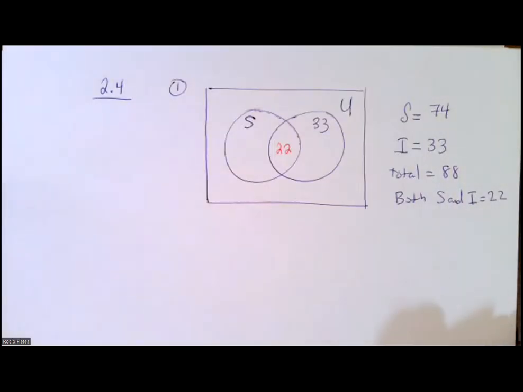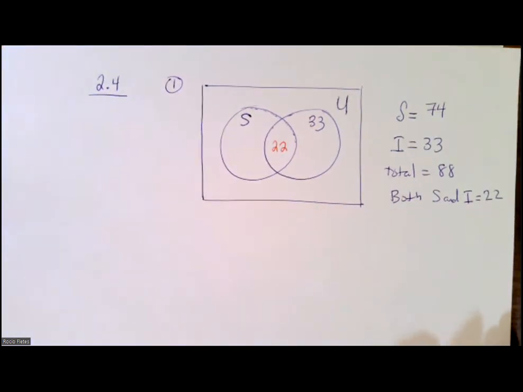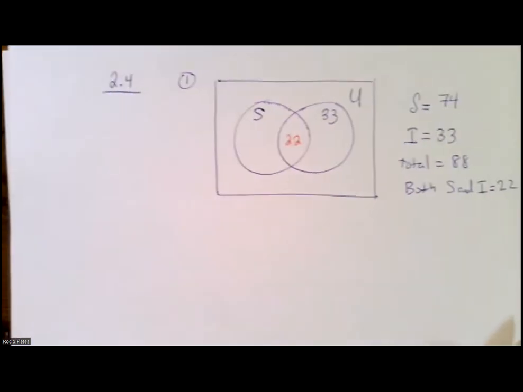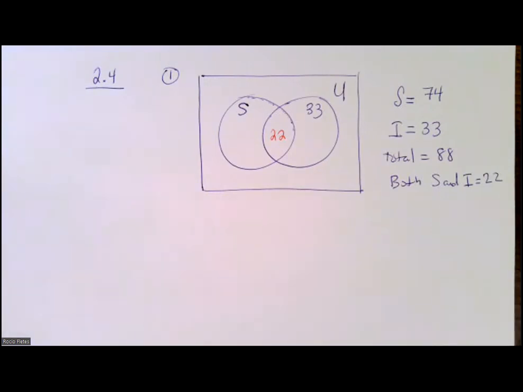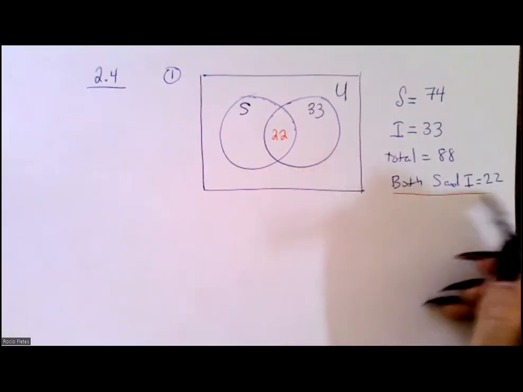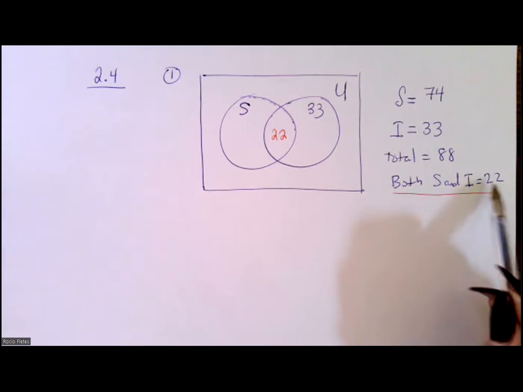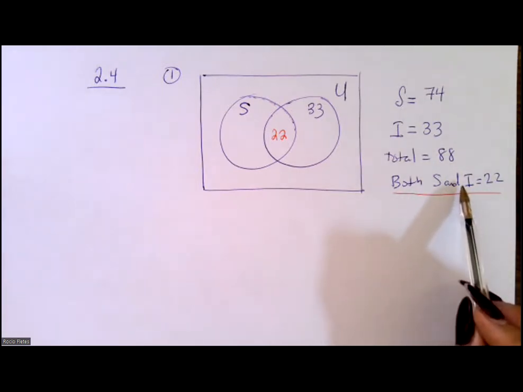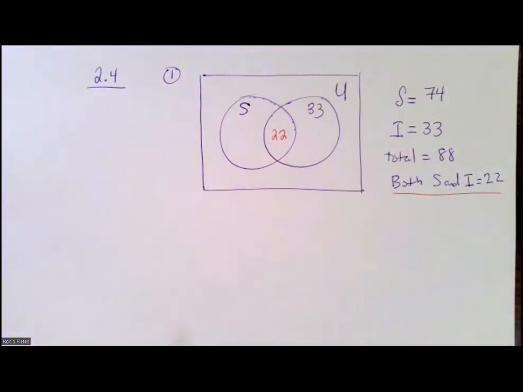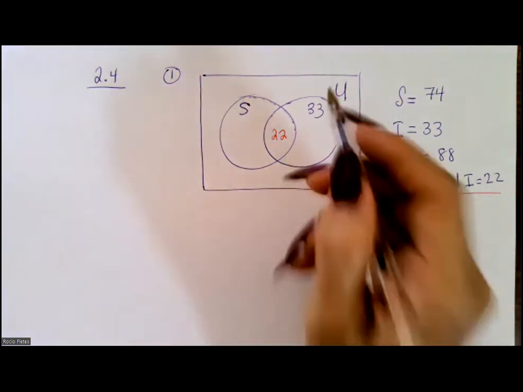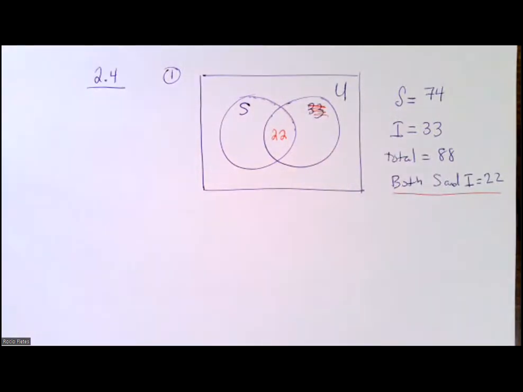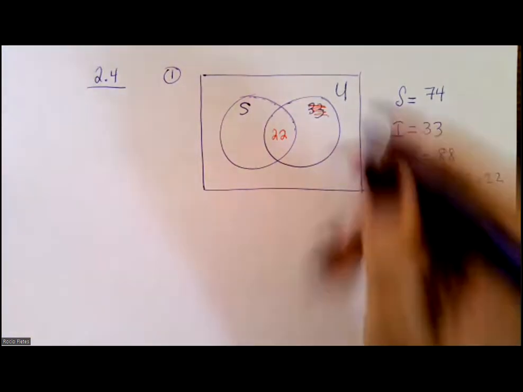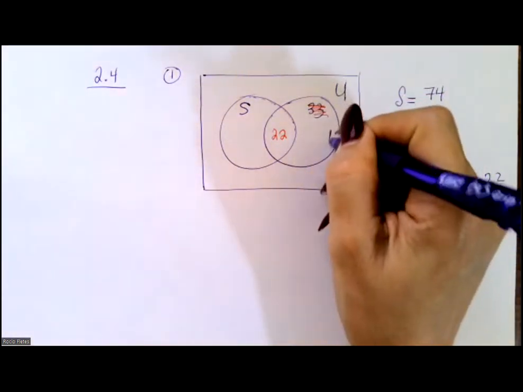Okay, so this is what I have, right? We know that 22 college students use both S and I. So right here, we want to write I here.